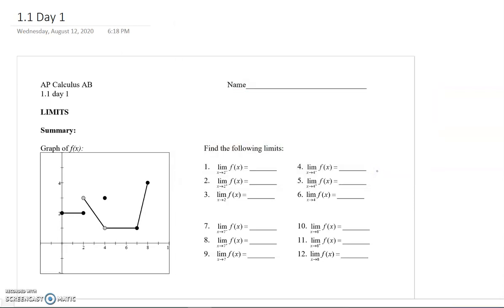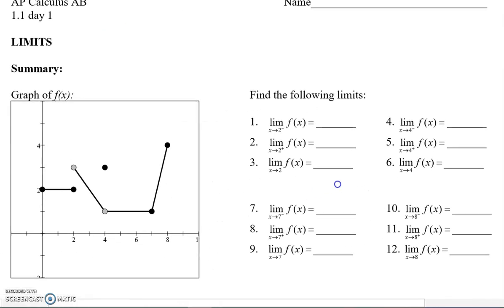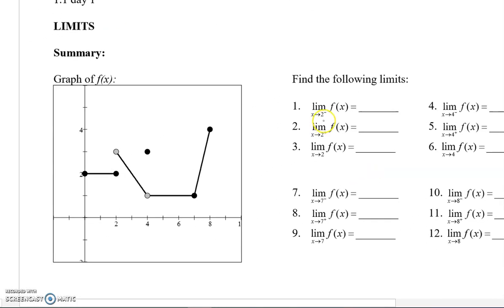If I look at a limit, one thing I need you to try to recall from pre-calculus is, what does this notation mean? When I look at something like this, as x approaches 2, and you've got that negative sign up there, that means from the left. A lot of students become confused with that.